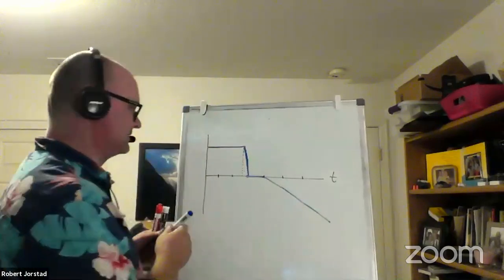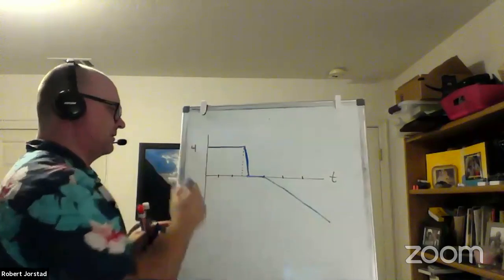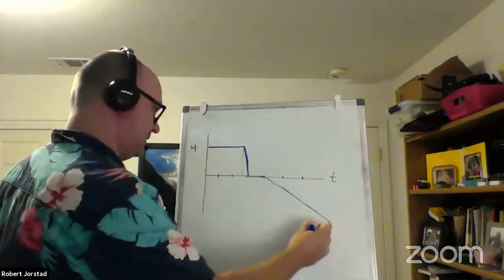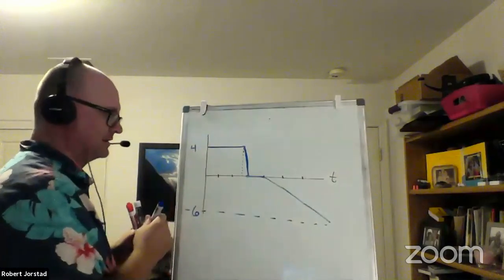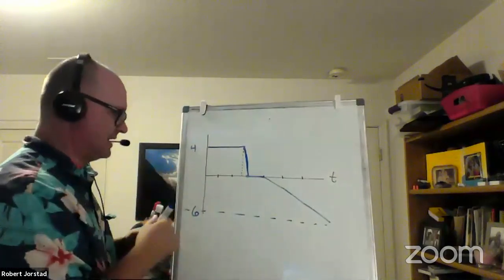Something about like that. It's not perfect. That was 4. This is -6. And there's a few little tricks in here, so we probably better pay attention.